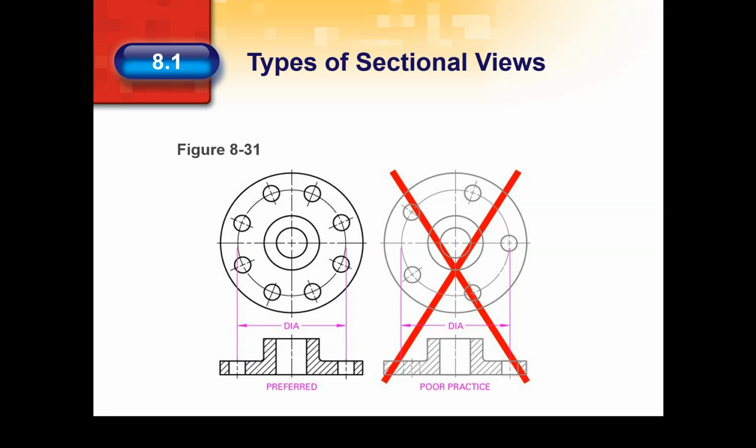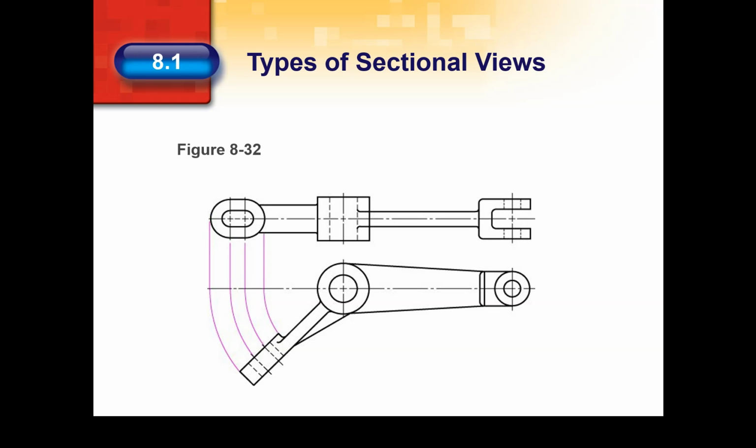This is often called an aligned section. Rotating features in drawings is very useful when you want to show true conditions or distances that would not show in a true projection. Moreover, for some objects, only part of the view should be rotated, as shown by the bent lever in Figure 832.